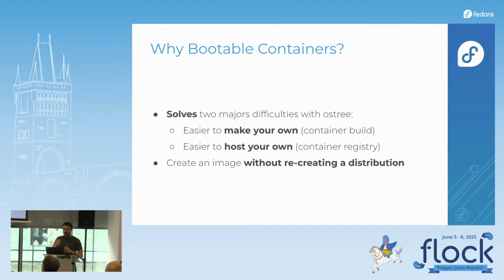More than just building the base one, if you want to make a derivative and change just a couple of files and offer that as an option, it's really difficult. It's not impossible, it's very much possible, but it's more difficult. The container approach makes that much easier. You can take a container image, do a container build, change a few files, and offer that as an option for people to use. Those are the two big strengths this model has compared to the current OSTree model that we have in the Atomic desktops.